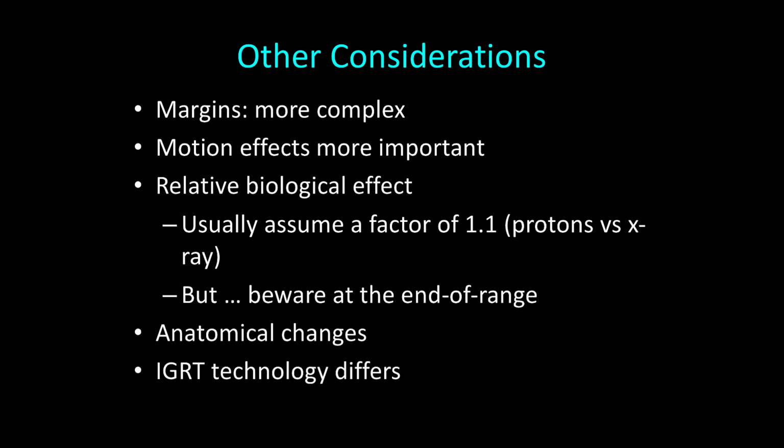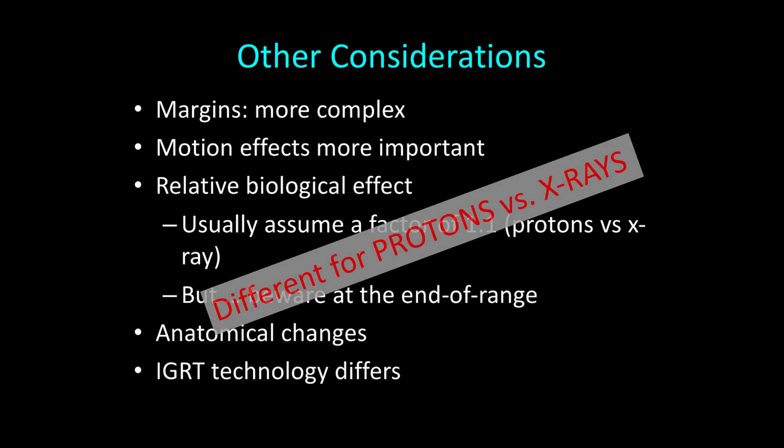And then IGRT technologies differ somewhat. This is an evolving topic, but some proton therapy centers up to date have had very limited capabilities in terms of volumetric imaging, typically without cone beam CT or some of the other modalities.